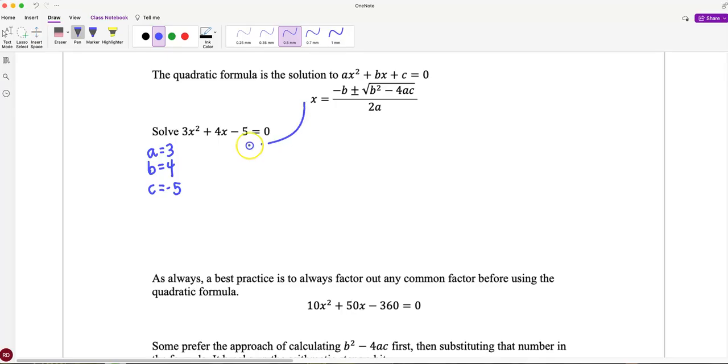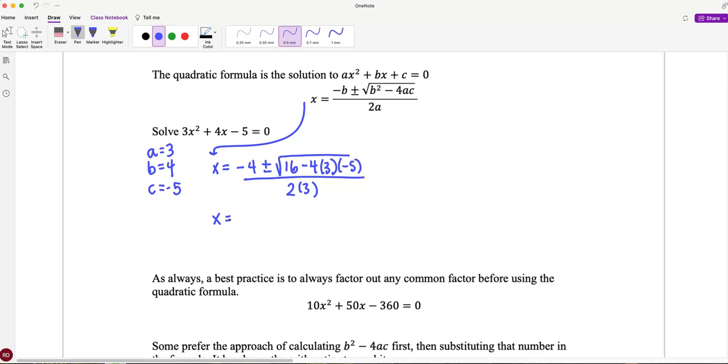So I'm substituting into this formula, and I get x equals negative b plus or minus the square root of b squared minus 4ac over 2a. Now we've moved into, there's no more algebra. This is all arithmetic, okay?